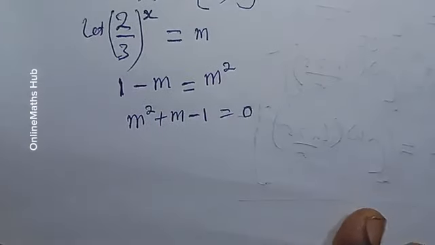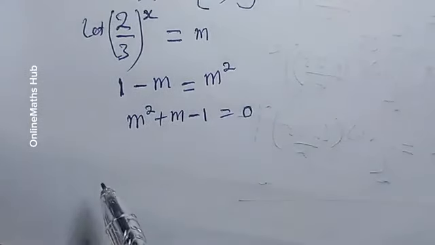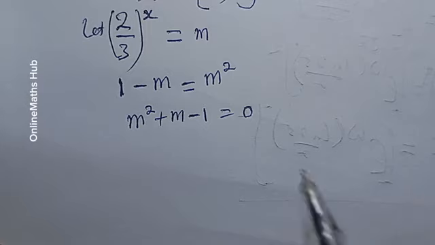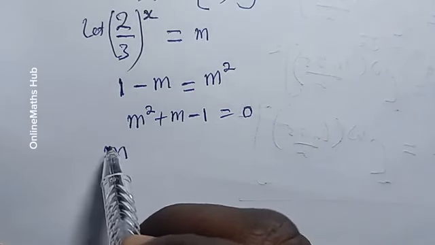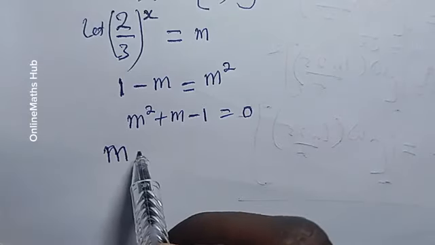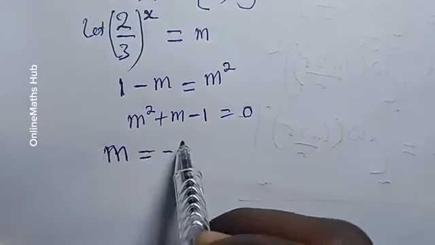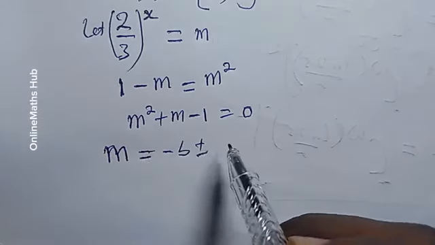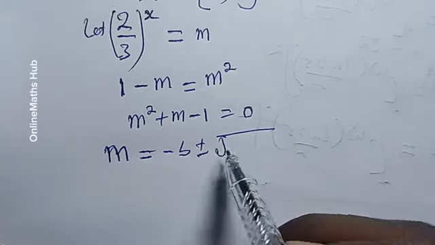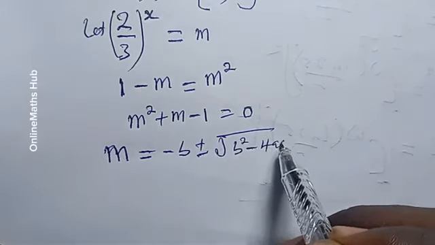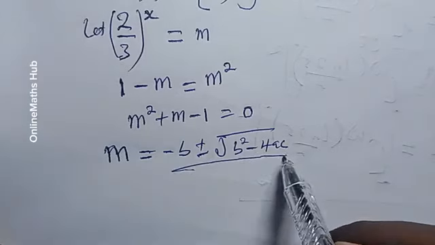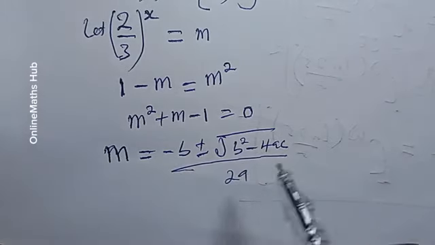And of course you can see that this is not factorizable, so we're going to be using the formula method to solve this, and in that case m is equal to negative b plus or minus the square root of b squared minus 4ac and all divided by 2a.